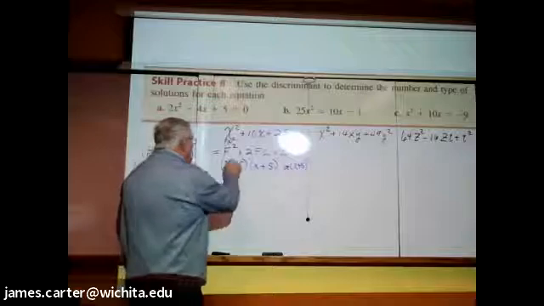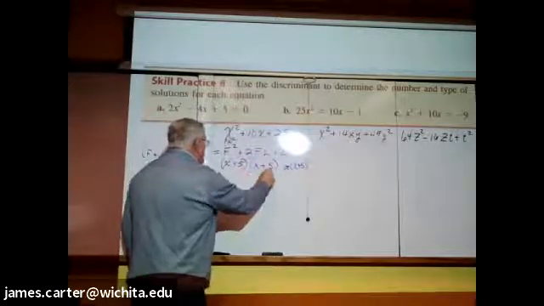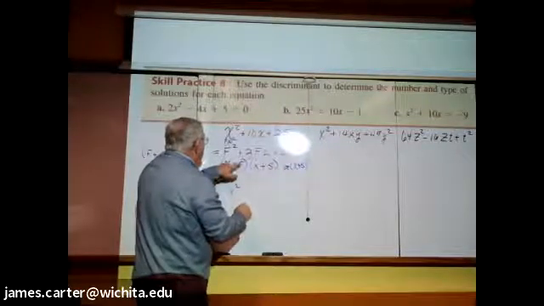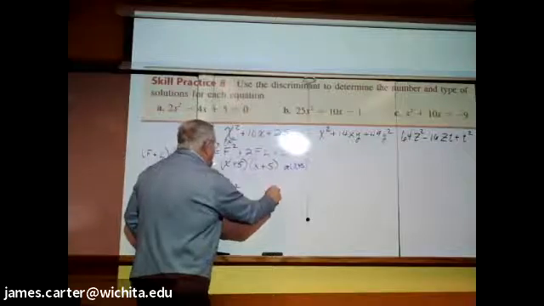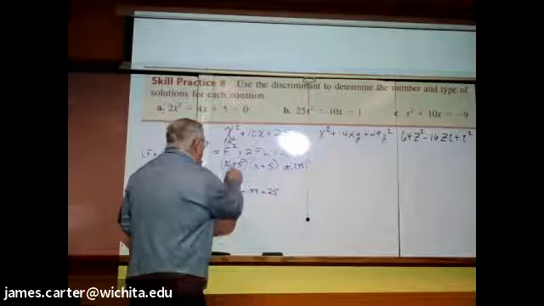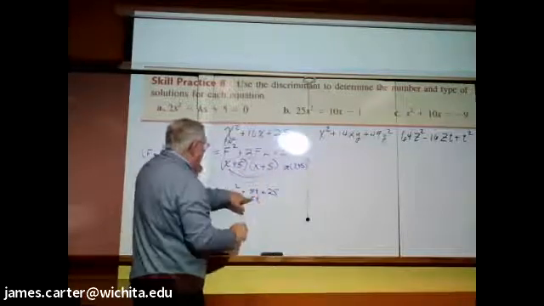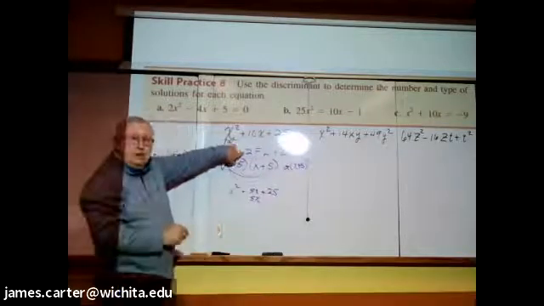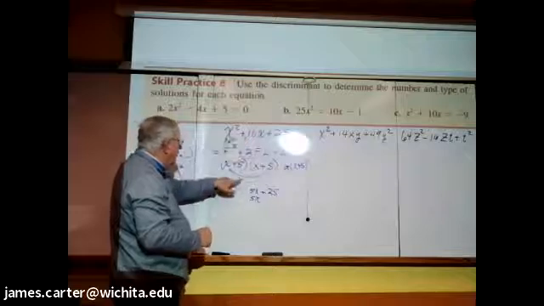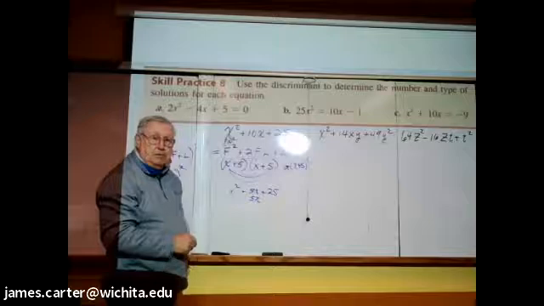Let's prove this though. Let's FOIL this thing. X times x is x squared. 5 times 5 is 25. 5 times x is 5x. And 5 times x is also 5x. Right here is where that 2 comes from, because if this is a perfect square quadratic, then you will get 2 equal middle terms.